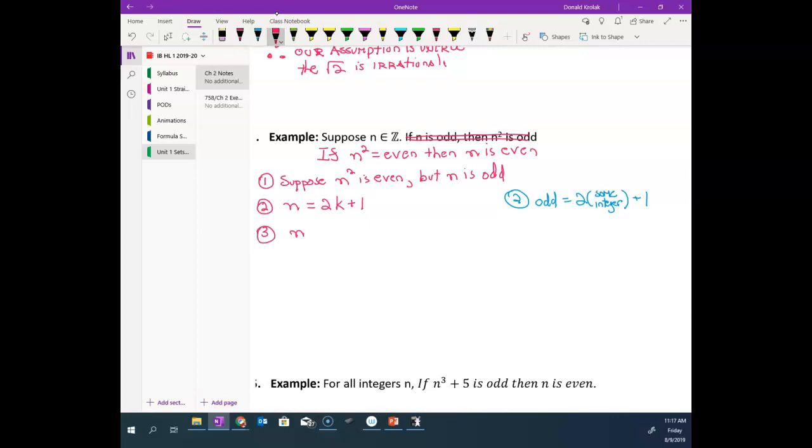So n squared would equal 2k plus 1 times 2k plus 1. All right, multiply that out, see where it takes you. So 4k squared plus 2k plus 2k plus 1.